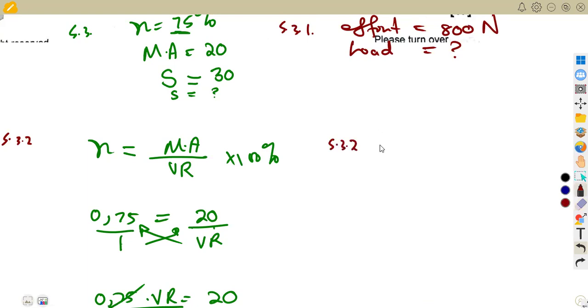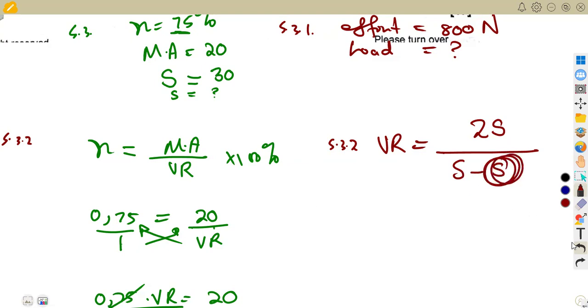So you can now take advantage of that because I wrote this formula and said it is equal to 2S, 2 times the number of slots on the larger pulley over the difference of this number of slots. So with this formula, this small s is the one that you are supposed to calculate for the smaller pulley. This is for the larger pulley, capital letter S.